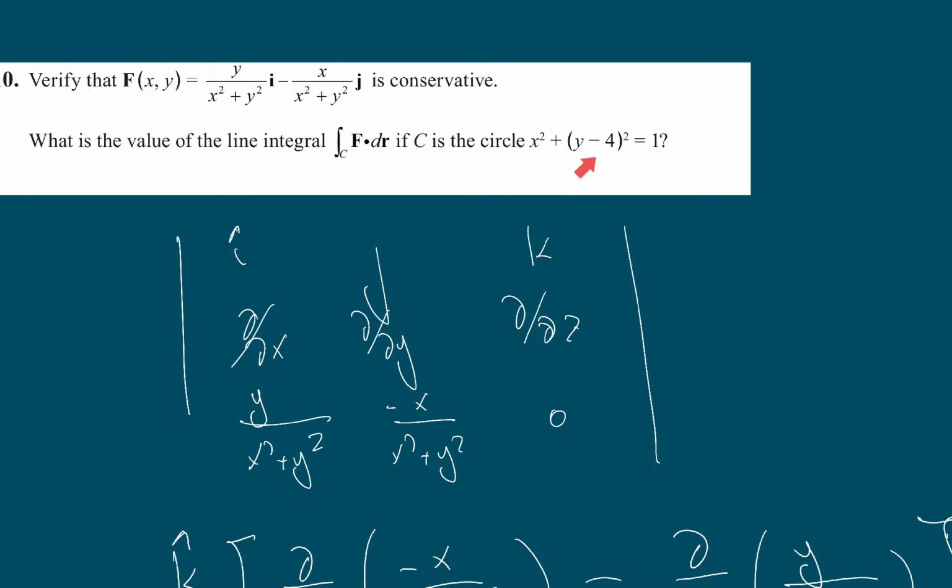So if you go around the circle and you go one round, the work will be from A to A. So the work will be 0, because I don't need to find the potential function f of x, y. I don't need to find this potential function. The work will be 0.